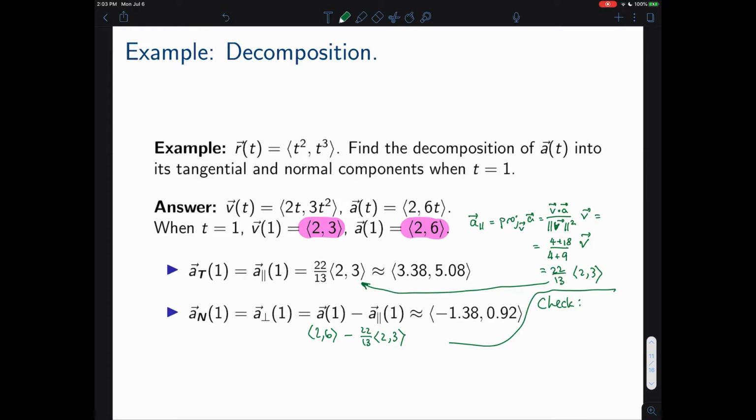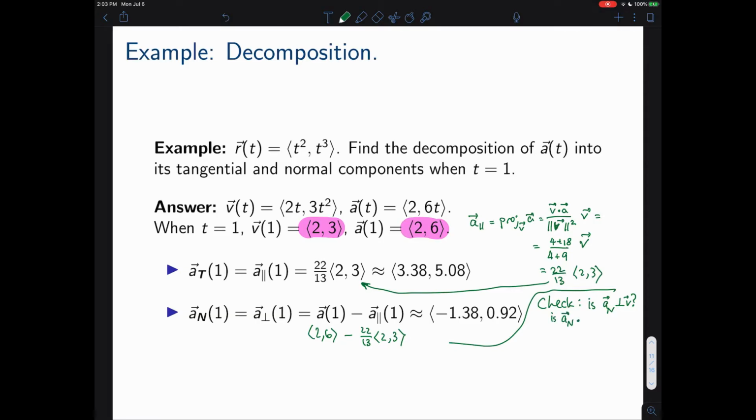One way we can check our work is we can ask, is the normal component that we found perpendicular to the velocity vector? It's supposed to be, right? So we can check and see if it is. So how would we check perpendicular? To check if they're perpendicular, what we can do is take the dot product and see if the dot product is 0.